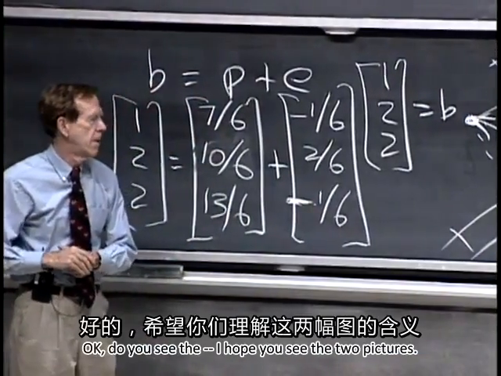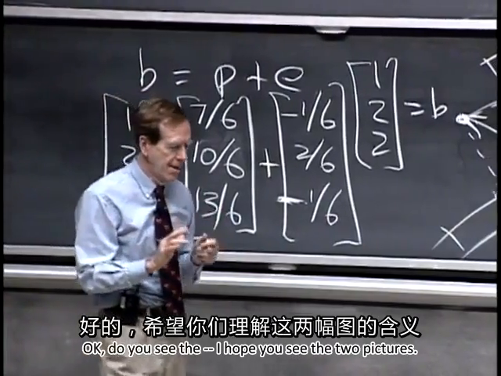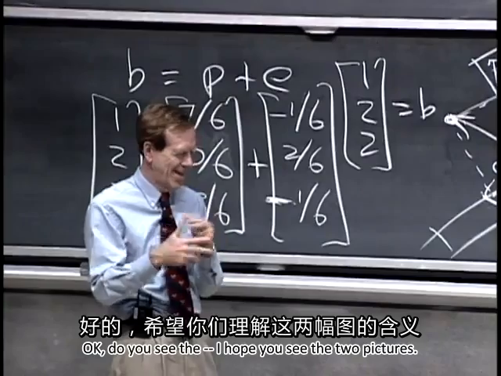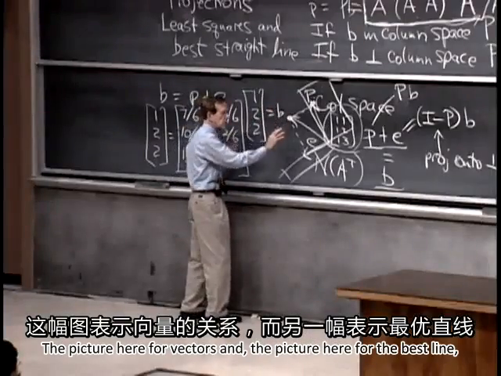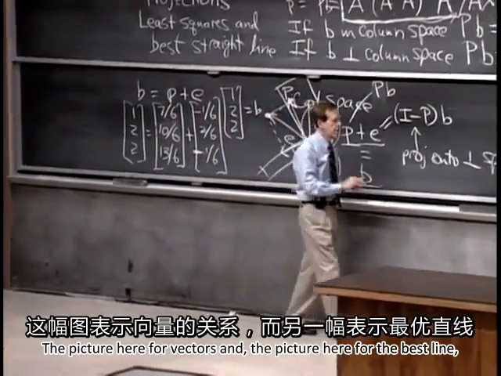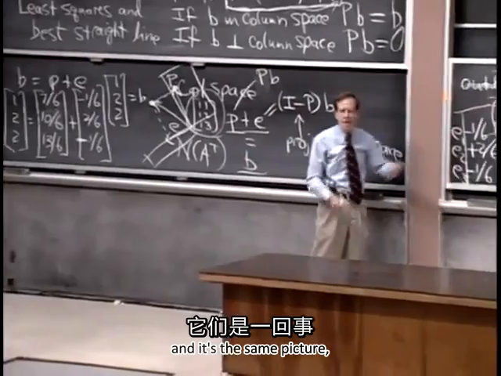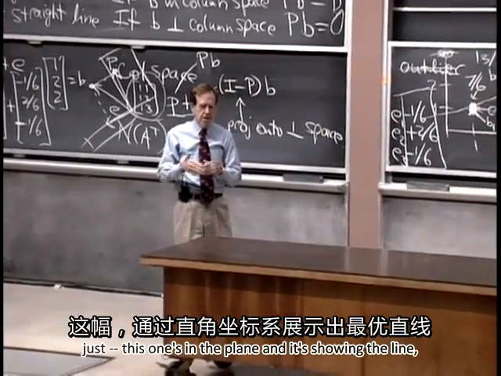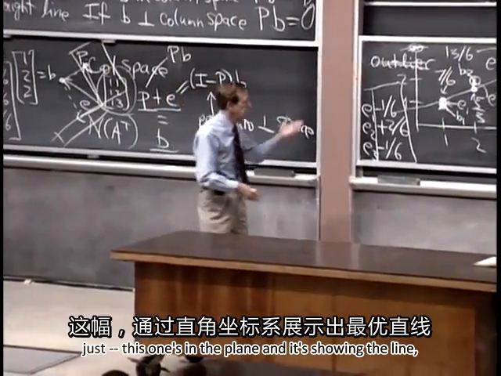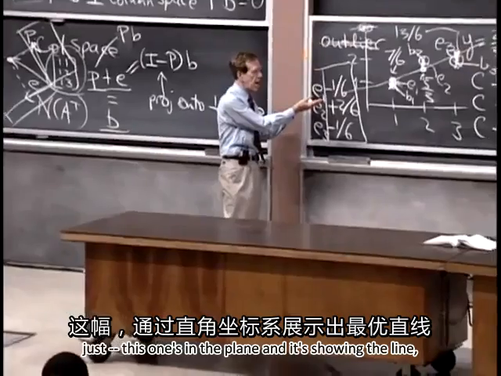Okay, I hope you see the two pictures. The picture here for vectors and the picture here for the best line. And it's the same picture, just like this one's in the plane and it's showing the line.